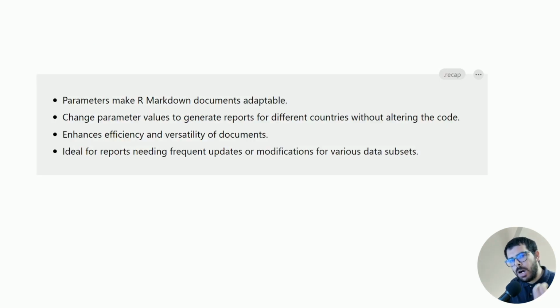When we adapt our R Markdown to these idioms, to this way of generating the reports, we create great adaptability for the report, which means that with the same YAML header, we can generate the same report for a different subset of the data, and that enhances efficiency, versatility, and also the reproducibility of the information. And this is very important if you are spending lots of time doing these parameters on your own.